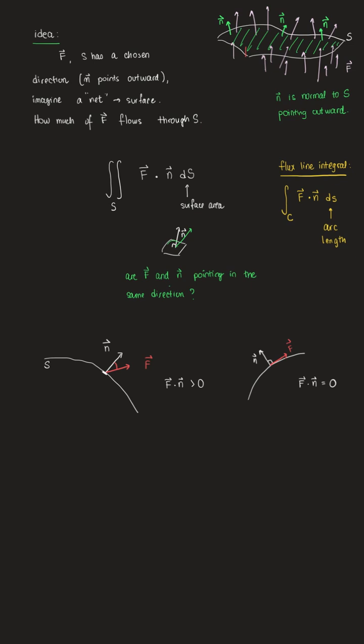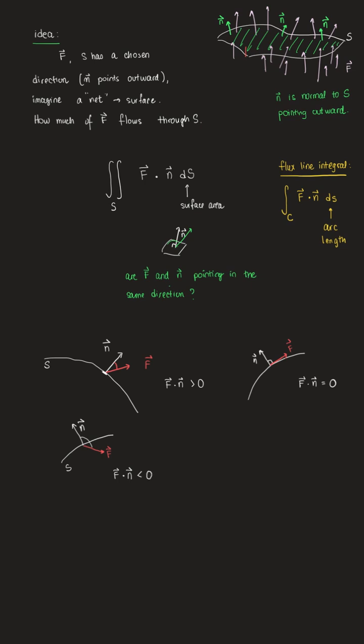And then one more example here. Let's suppose here's our surface S, there's our outward normal n, but a vector from my vector field points this way. You can see that this angle between n and F is greater than pi over 2, and because the dot product is the magnitude of F times the magnitude of n times the cosine of the angle between these vectors, if that angle is obtuse, then we should expect that F dot n will be negative, so this will be less than 0.